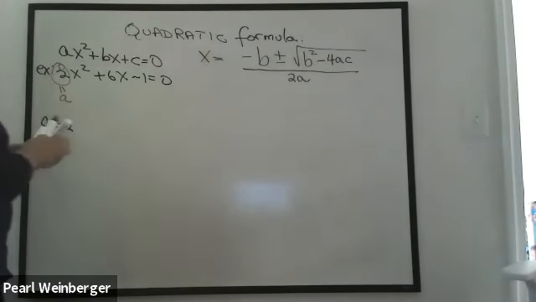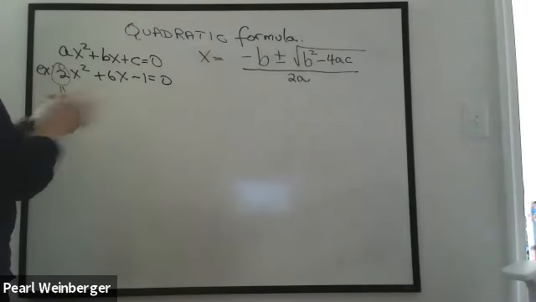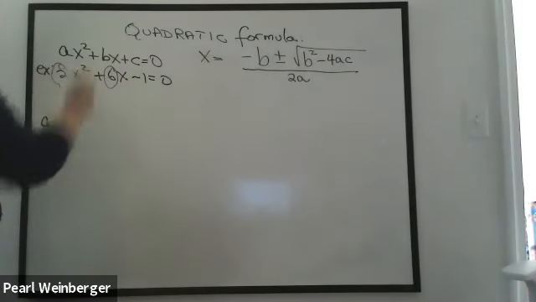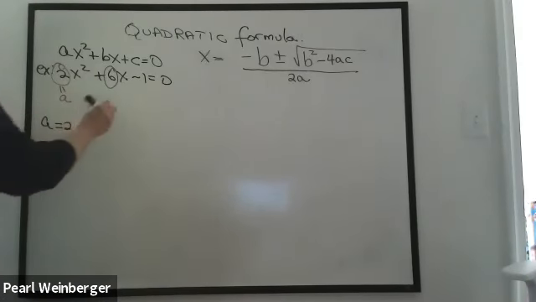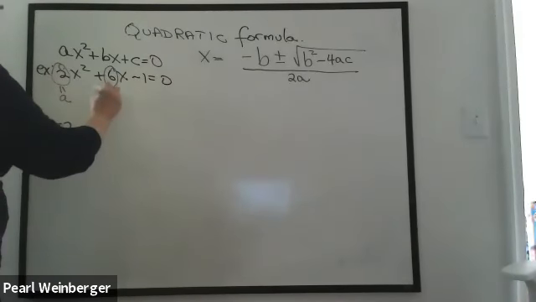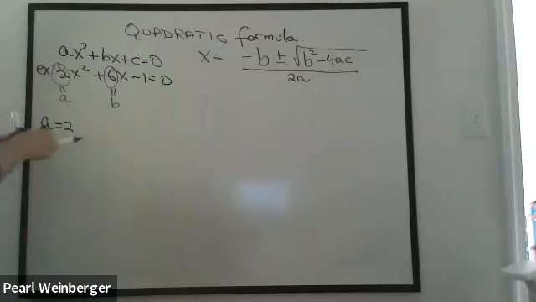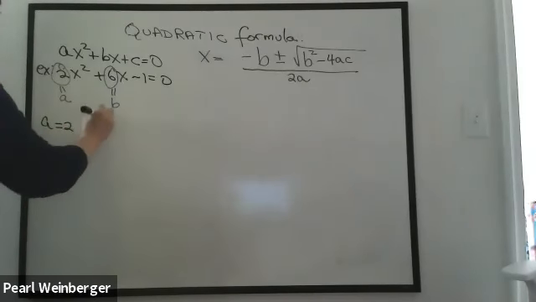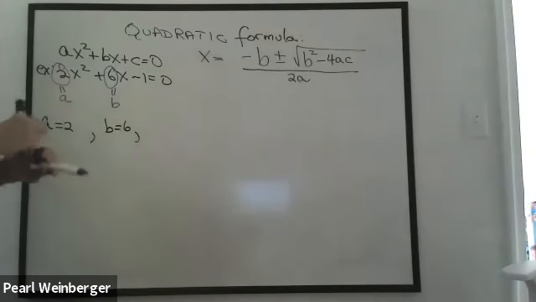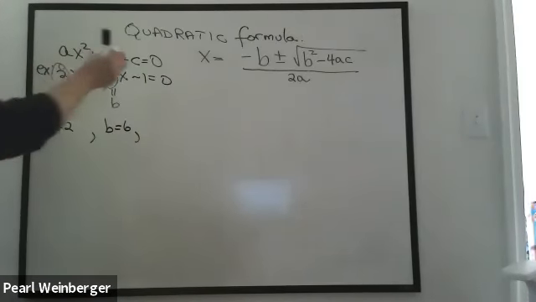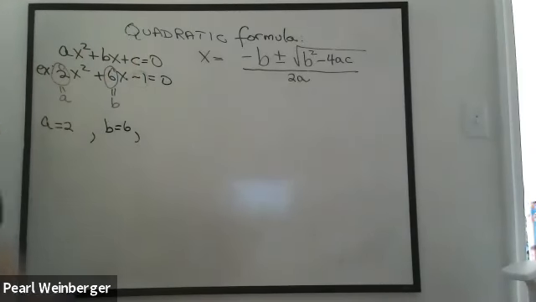The number in front of the x term, that's what we call the b. In other words, for this particular example, b equals 6. And the number that stands alone, that doesn't have any x, it's what we call the constant term.